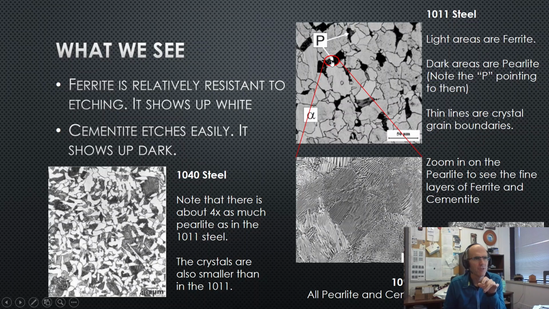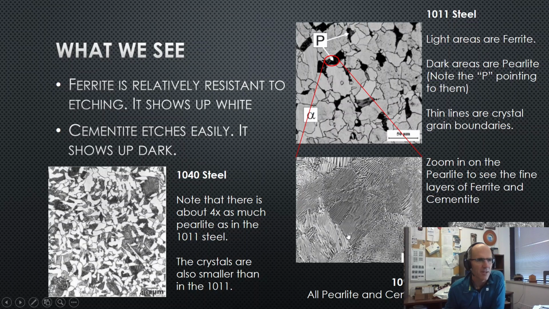And if we zoom in even more on that, so this is 50 microns in scale. If we go down to like 2 microns down here, 2 times 10 to the minus 6 meters, so thousandths of millimeters we're talking about in here. You can actually see fine, fine layers right in here.